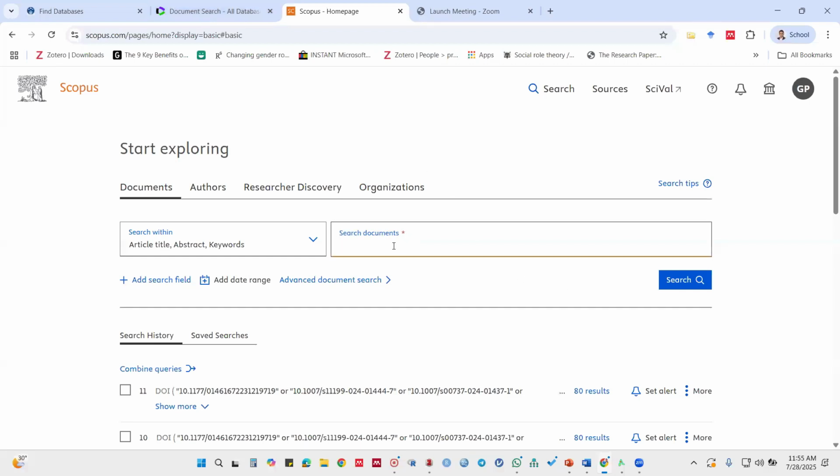Suppose, for example, I'm doing research on workplace romance. My problem is workplace romance, right? So there are techniques to search. You need to put these words in quotation marks to take the two words as one entire term.